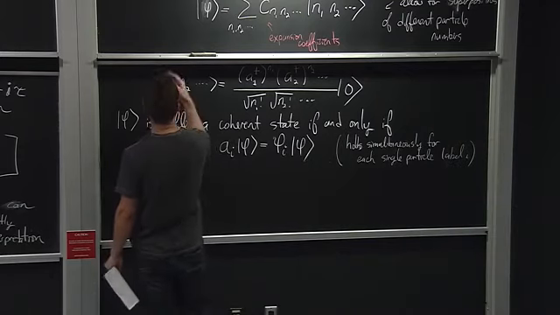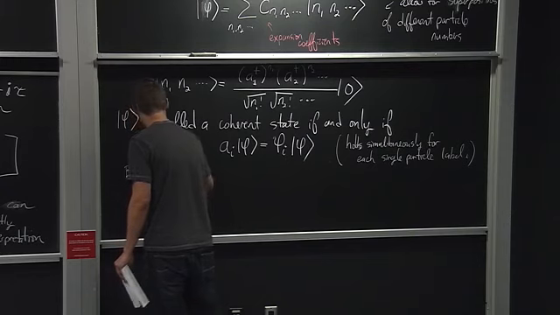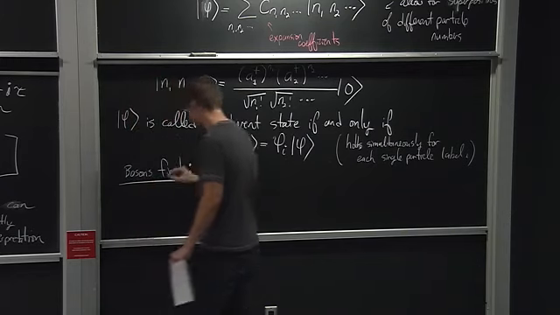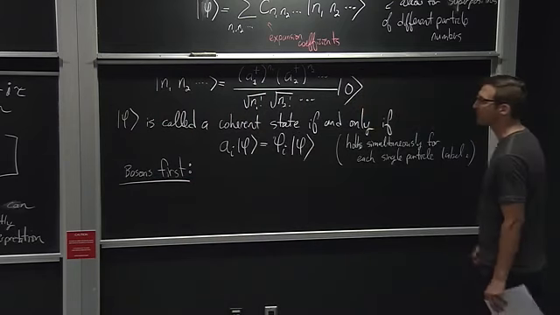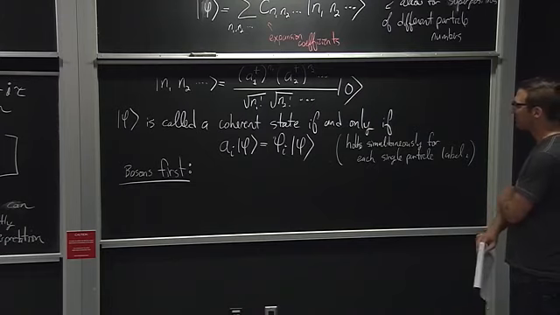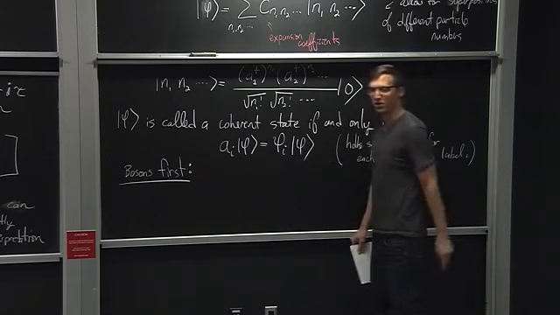And this is where bosons and fermions become very different. Let's just talk about bosons first. In the case when we're talking about bosons, these numbers can be any complex number.